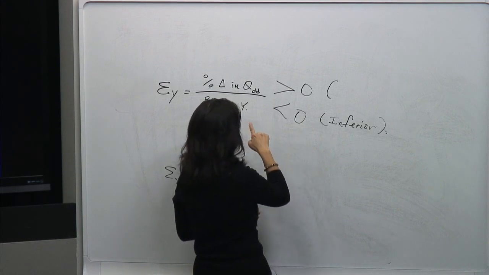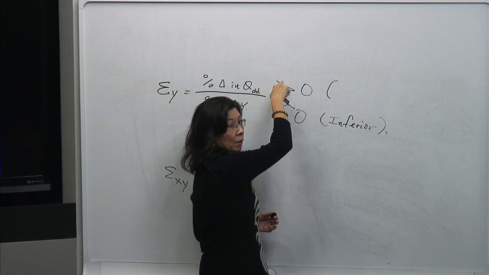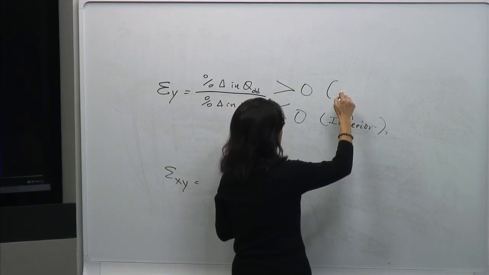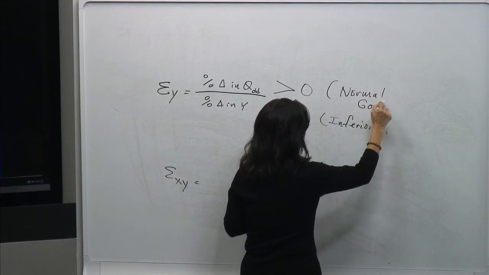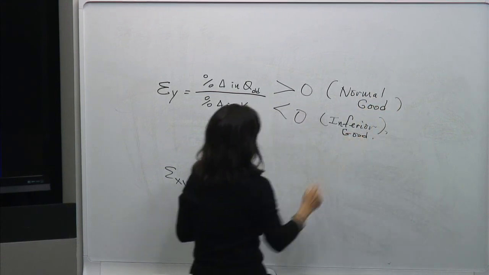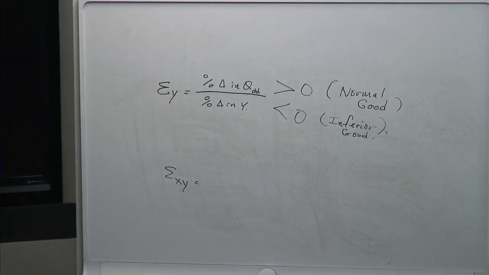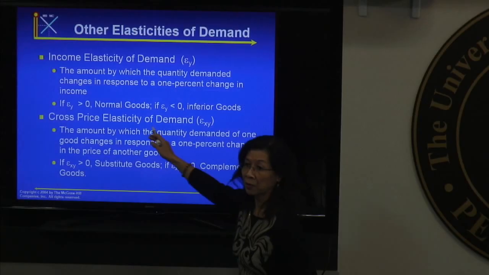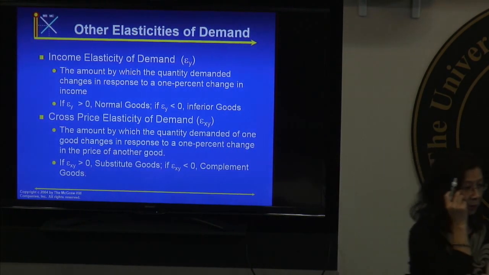If income goes up by 10% and your consumption goes up by more than 10%, then we call this a normal good. All you need to know here is the sign, whether it's positive or negative. If it is positive, greater than 0, you're referring to a normal good. Vice versa for an inferior good.